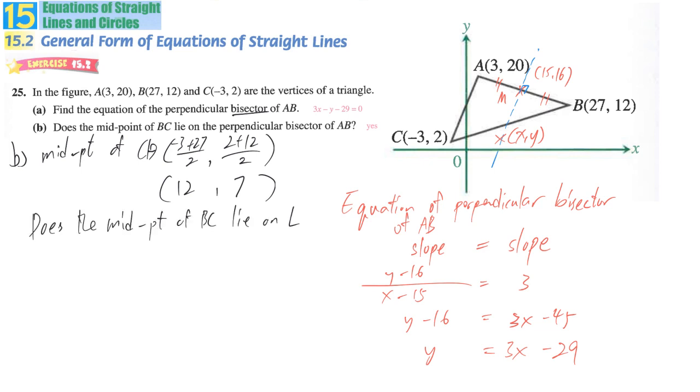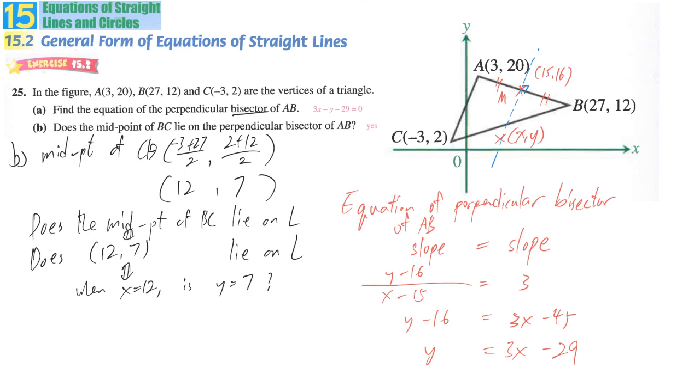They ask whether the midpoint of BC lies on the perpendicular bisector, which we call L here. That means they ask you, does (12, 7) lie on L? That means they are asking you, when x is equal to 12, is y equal to 7?